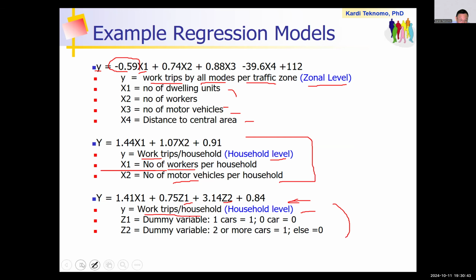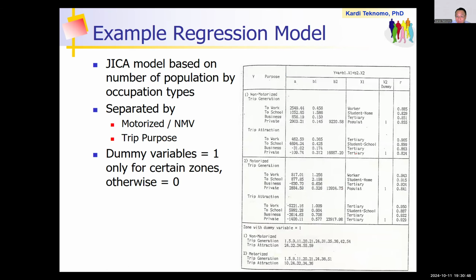So JICA has an example of a regression model that they use for their software, maybe JICA STRADA. It depends on the trip purpose, whether they are using non-motorized or motorized, and these are the factors of this simple linear model, and these are the variables.